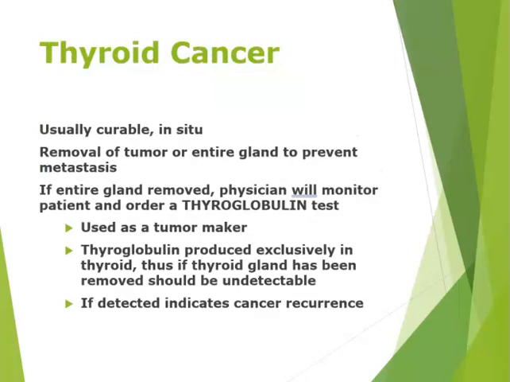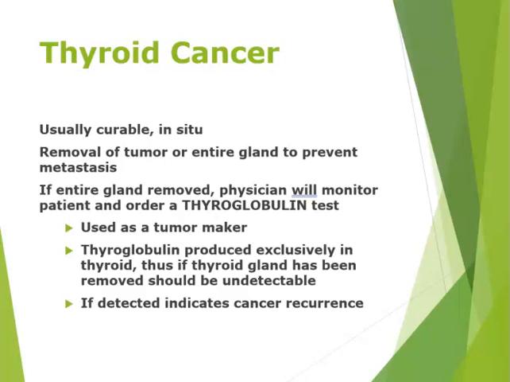Now let's talk about thyroid cancer. It's usually curable in situ, either in its natural or original position, but the removal of the tumor or the entire gland to prevent metastasis is also an option.